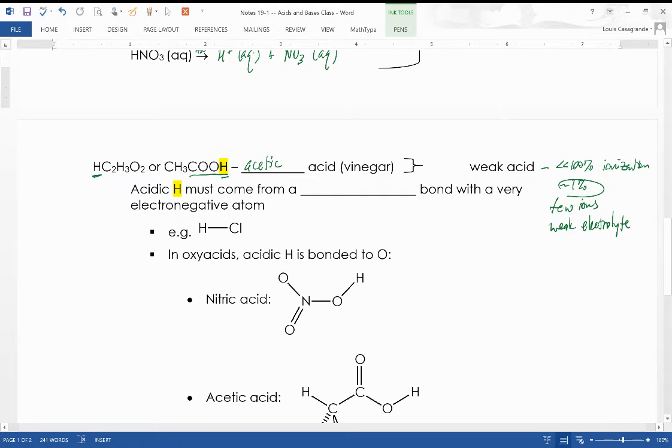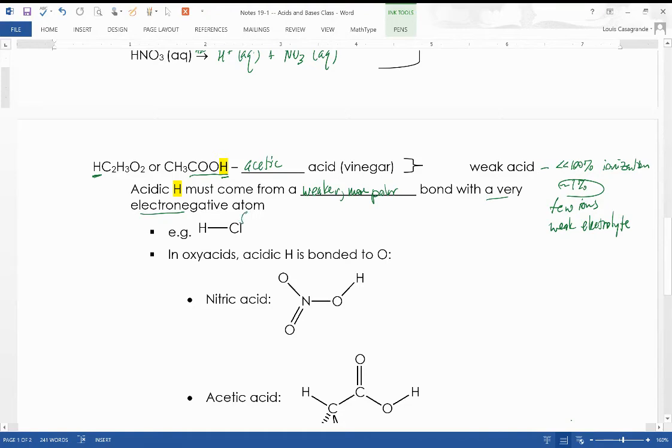Now, acetic acid and that COOH is important. To be an acid, it must come from a relatively weak, more polar bond in which the H is attached to a very electronegative atom. So to be acidic, we have to be attached to something like chloride. Now, this is a weak bond.